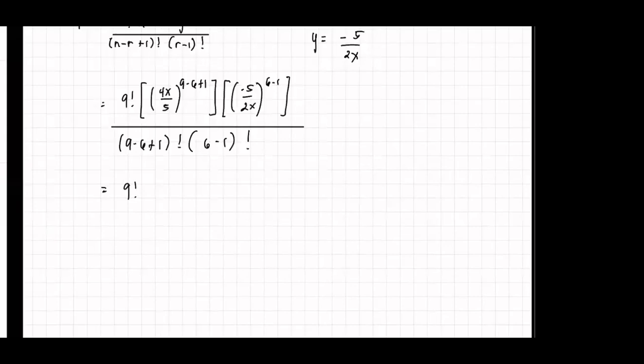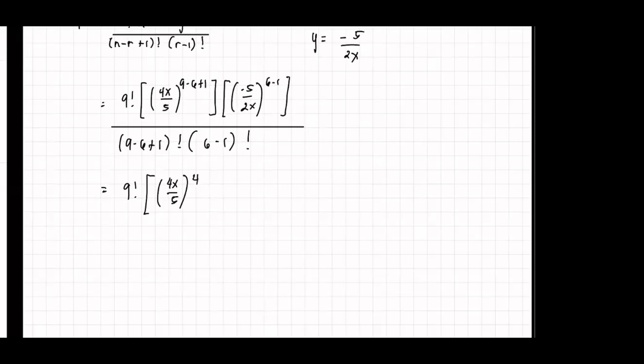9 factorial, and then ano magiging exponent natin? 9 minus 6 plus 1. Clarify ko lang kung alam. Anong sagot? 9 minus 6 plus 1 is 4. Okay? Agree tayo for lahat?